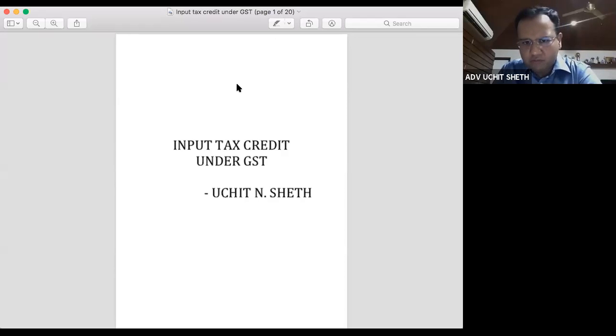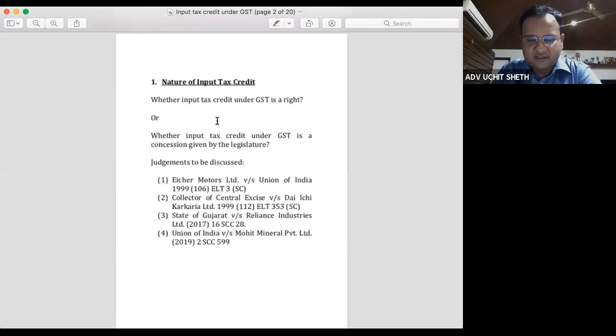Before we go to specific provisions, let us first try and understand what is the nature of tax credit. We are not talking about GST credit only. We are also talking about credits which were available under the earlier regime, under the VAT regime, under the excise regime.